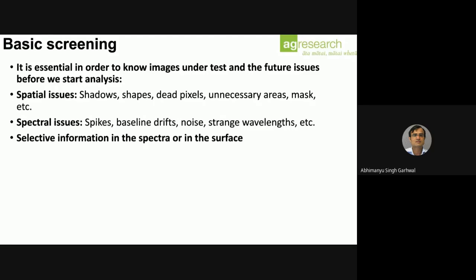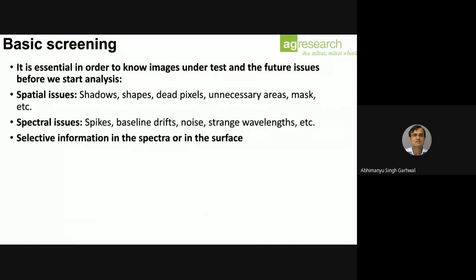So there are three issues: spatial issues, spectral issues, and selective information. Spatial issues include shadows of the potato, shapes, because potatoes are in different shapes and not in a fixed shape, dead pixels, some unnecessary area, and how you develop the mask. These are the spatial issues that we are going to address.